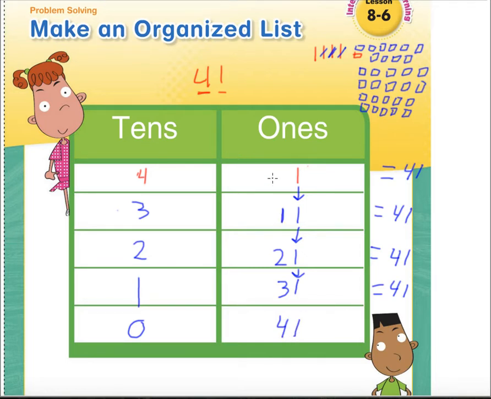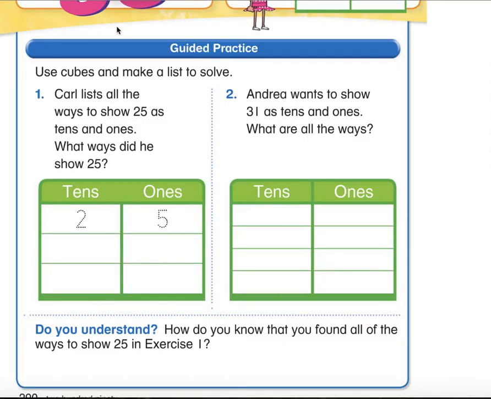All right. Now let's open up to the inside of our work mats. All right, I'll give you all a couple seconds to open up to the inside. All right, so let's read what the problem is.